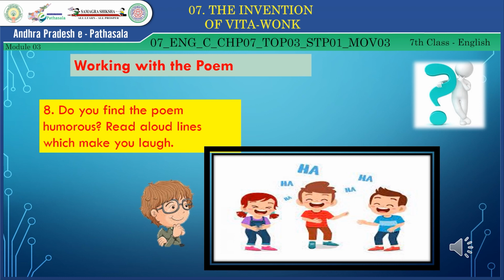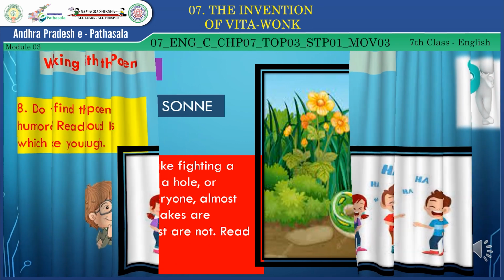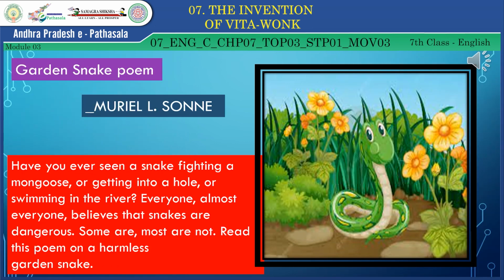Now, children, you have one more poem here, that is Garden Snake. So, here we are today with a new poem, Garden Snake, of our Honeycomb book from grade 7, written by Morel L. Sonny.